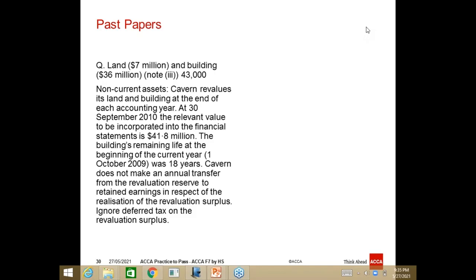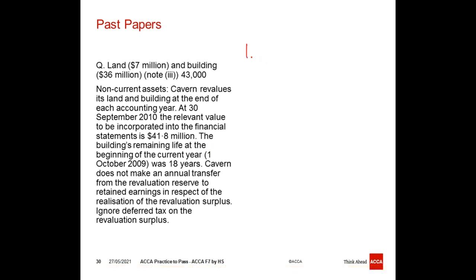Okay, first you need to see the land element and the building element. The land and building is having a cost of 43,000.